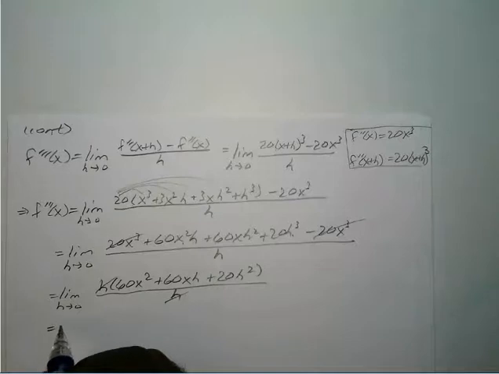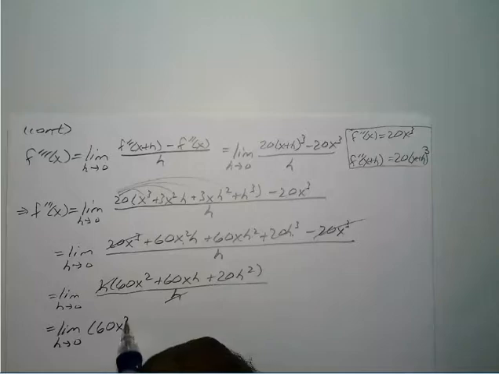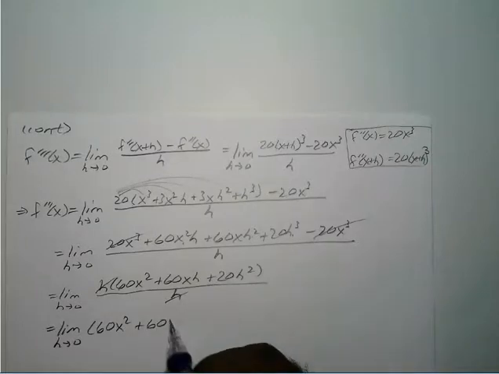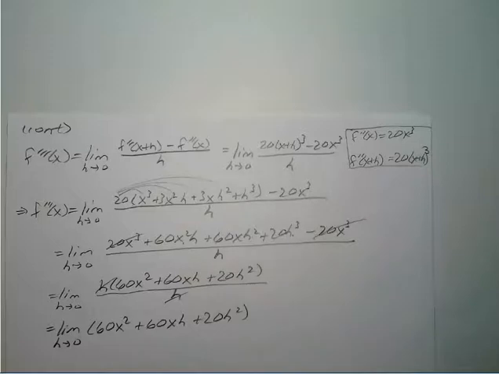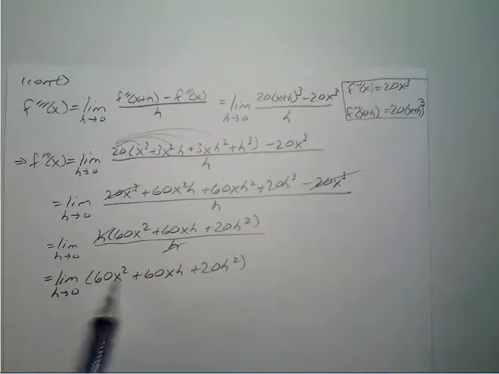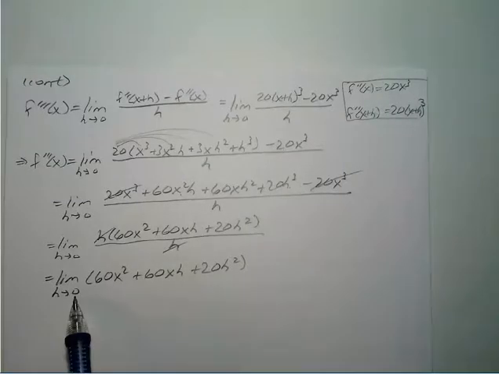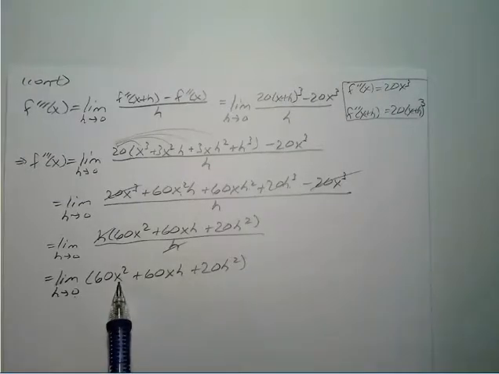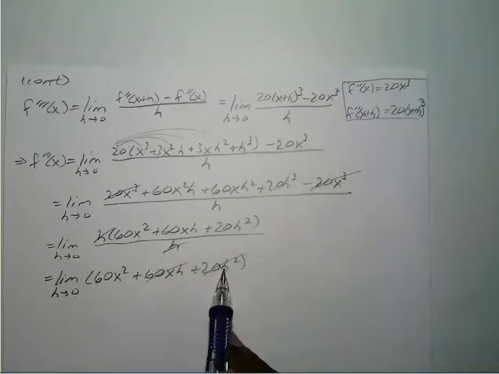Okay, so that's going to equal the limit as h approaches 0 of 60x squared plus 60xh plus 20h squared. Okay, and again, using direct substitution for each one of those terms, if you plug in h equals 0, this stays as 60x squared, but this becomes 0 and this becomes 0 because 0 times anything is 0.